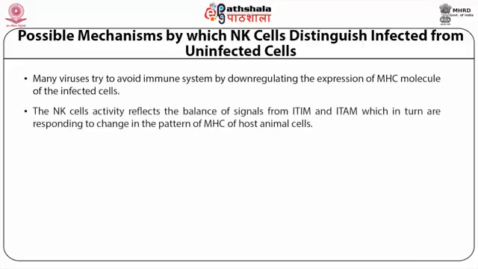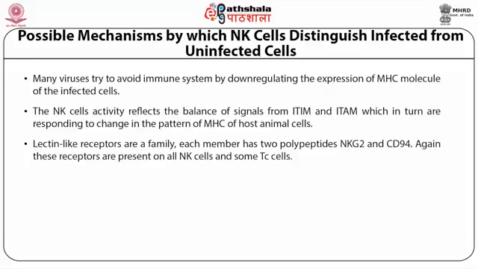The NK cell activity reflects the balance of signals from ITIM and ITAM, which in turn are responding to change in the pattern of MHC of host animal cells. Lectin-like receptors are a family. Each member has two polypeptides, NKG2 and CD94.